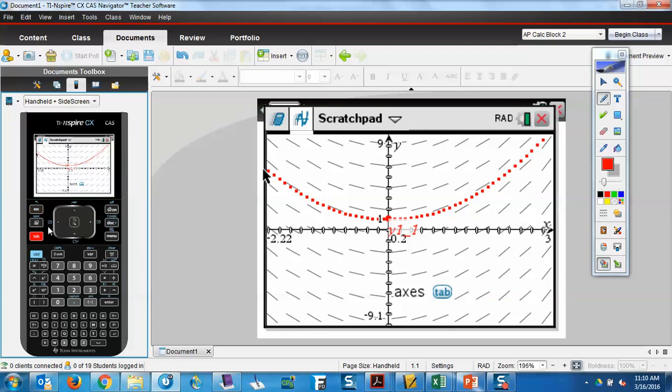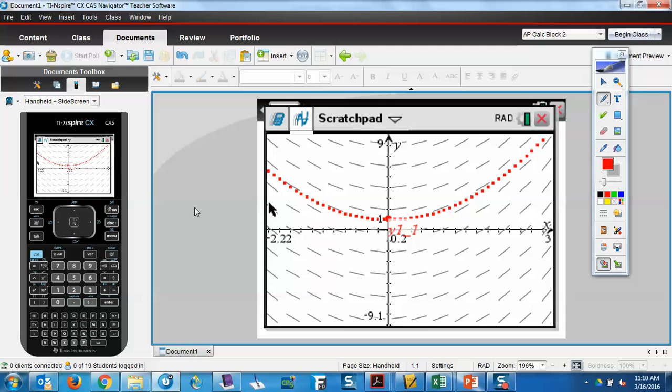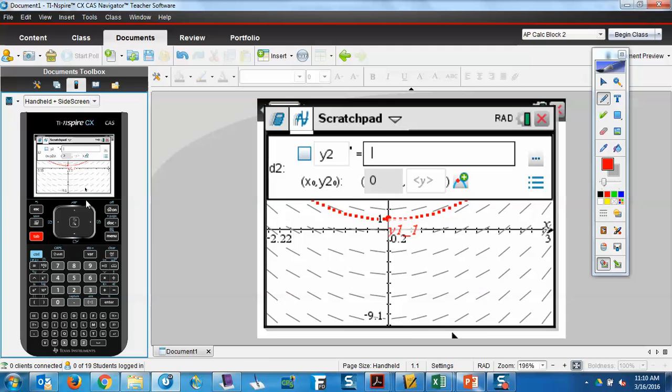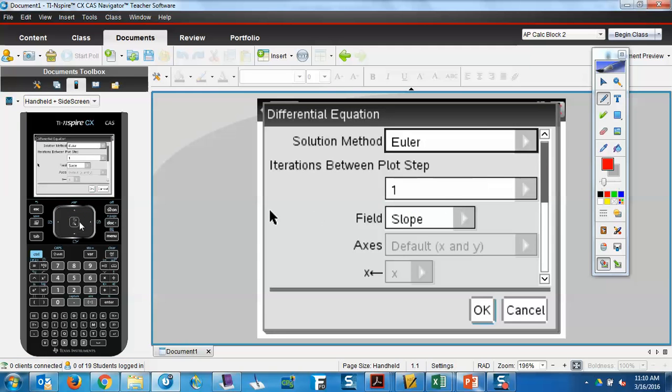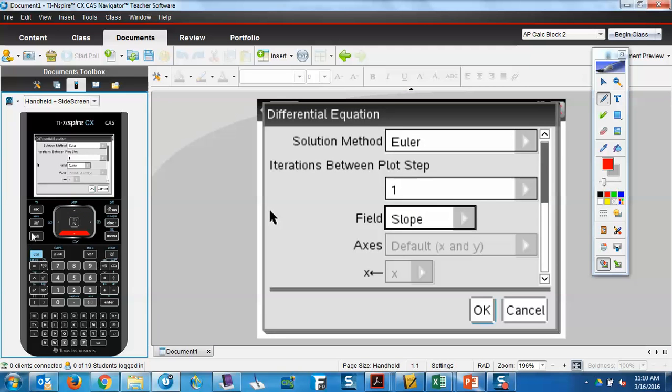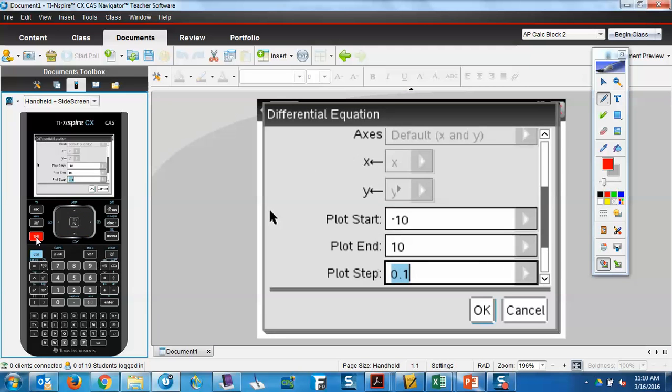So get into here. You can go up to menu and the graph entry, you can get to it again, or tab usually takes you there. Let's go into those 3 dots again, those parameters, and arrow down or tab down, and let's change that plot step.